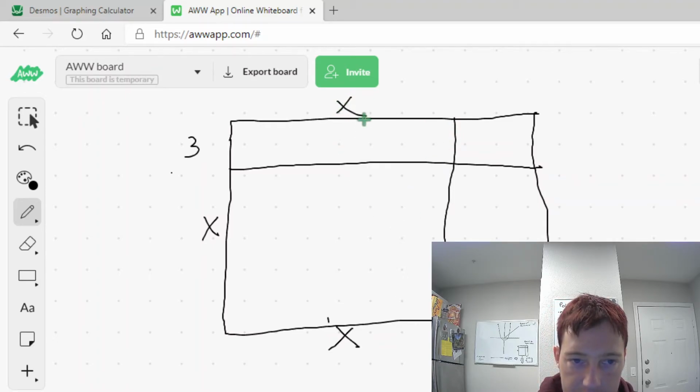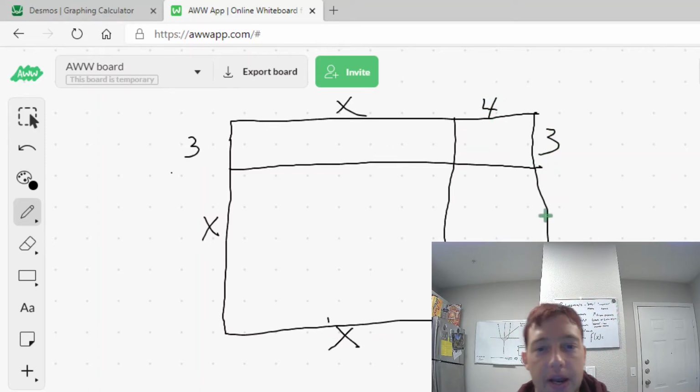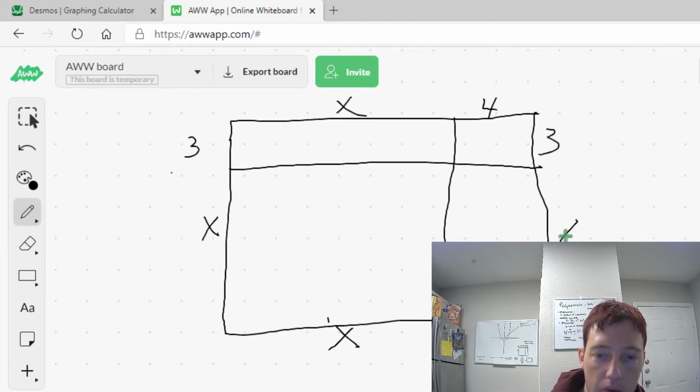So we could say that one's X. This one, you can see the same situation with the 4 down here. So what's the area of this whole thing? We now know each of these shapes, the constituent areas. We should be able to figure it out, right?